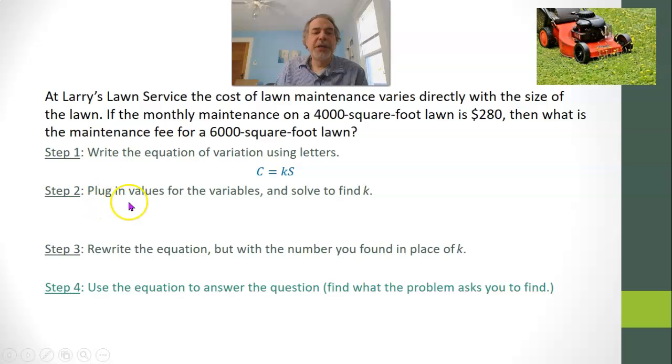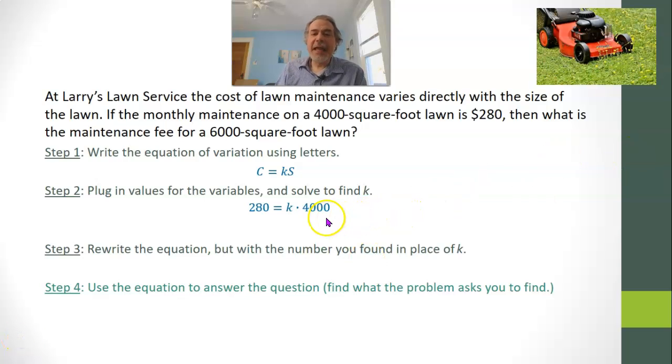Step 2, plug in values for the variables and solve to find K. Okay, the monthly maintenance cost on a 4,000 square foot lawn is $280. 4,000 would be the size of the lawn, and 280 would be the cost. So let me put those numbers in, 4,000 for S and 280 for C. So 280 equals K times 4,000.